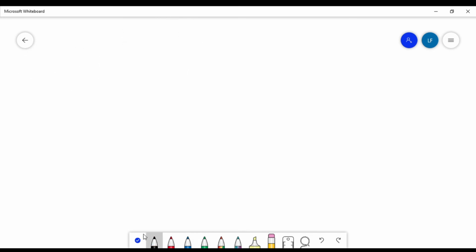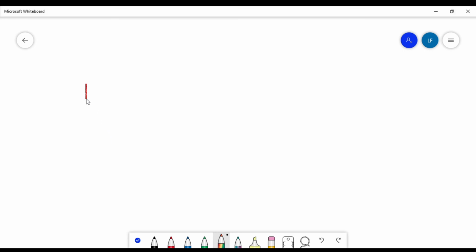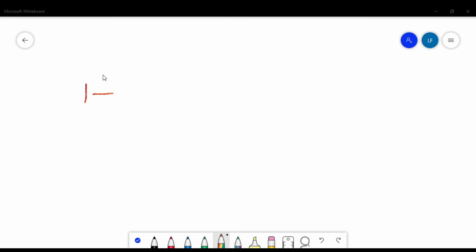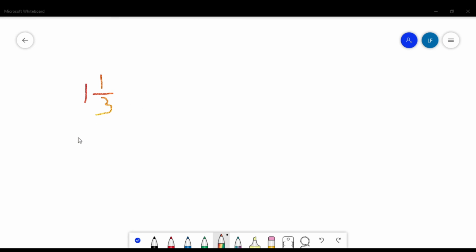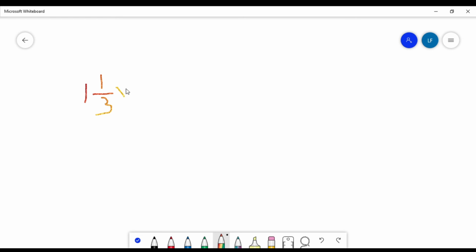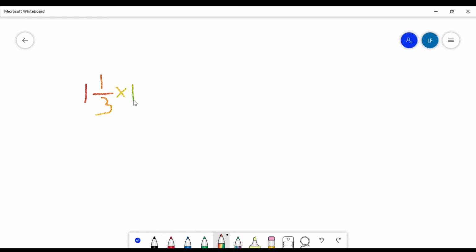Okay, so let's take this rainbow pen. Why not? The next question is a full mixed fractions question. So 1 by 3, multiplied by 1 2 by 7.